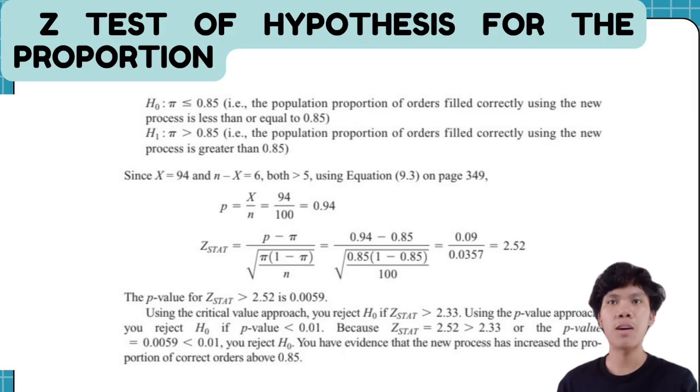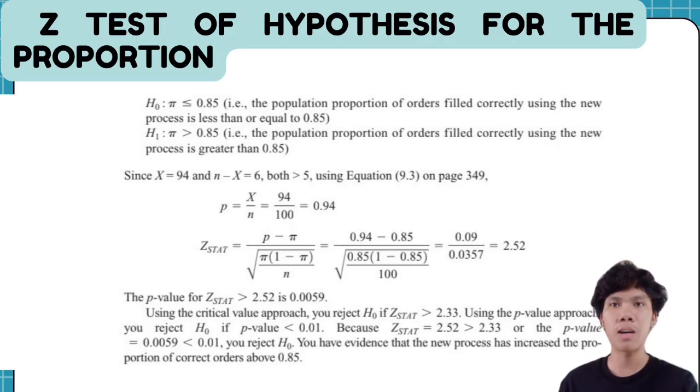In this scenario, a fast food chain wants to know if a new process at the drive-thru helps fill orders more accurately than before. So the big question is, did the new process actually improve things, or is it just random luck? We will find out if the proportion of correct orders has increased from 85%.